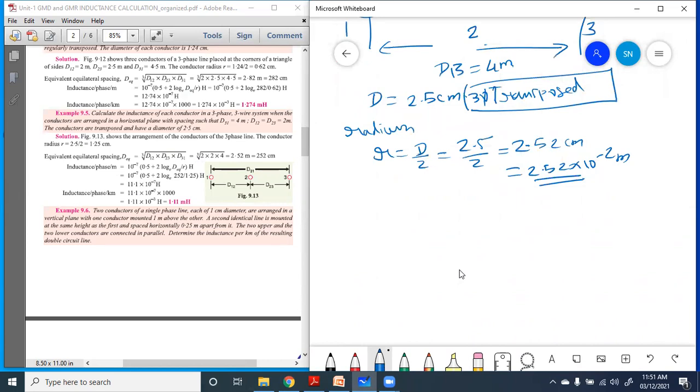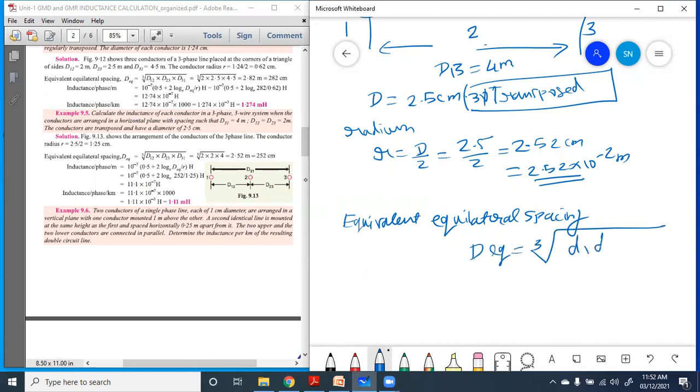Now what do we need to calculate for such a condition? The line distances are different and the line is transposed, meaning an unsymmetrical line. At that time we need to calculate the equilateral spacing, that is called D equivalent, equal to the cubic root of D1 D2 D3.